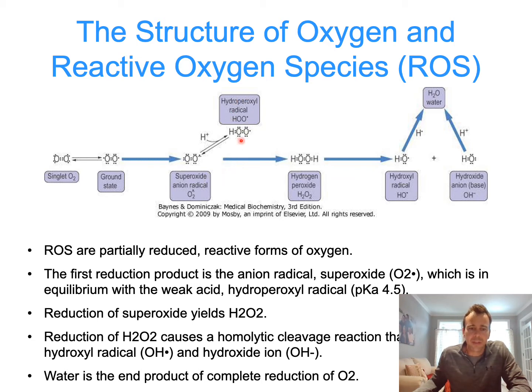Reduction of superoxide yields hydrogen peroxide, and then reduction of hydrogen peroxide causes a homolytic cleavage reaction that releases the hydroxyl radical and the hydroxyl ion. And then again, water is the complete end product of O2.